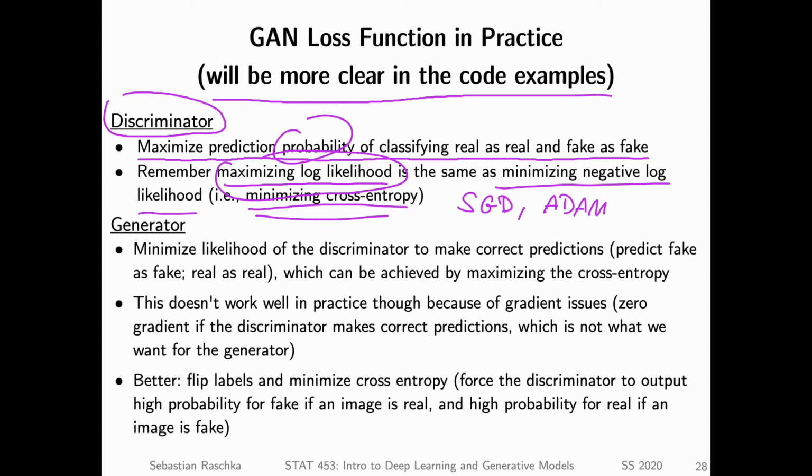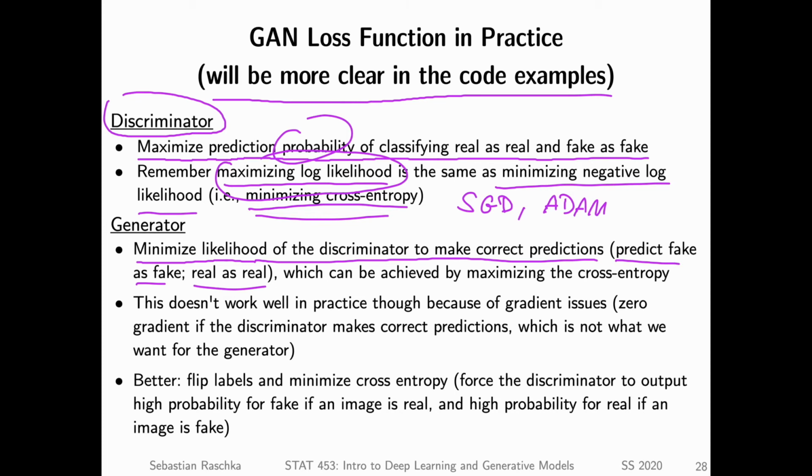When we implement it, we simply minimize the cross entropy of the predictions. For the generator, we said in the beginning we minimize the likelihood of the discriminator making a correct prediction. So we want to predict fake as fake and real as real, and this can be achieved by maximizing the cross entropy.